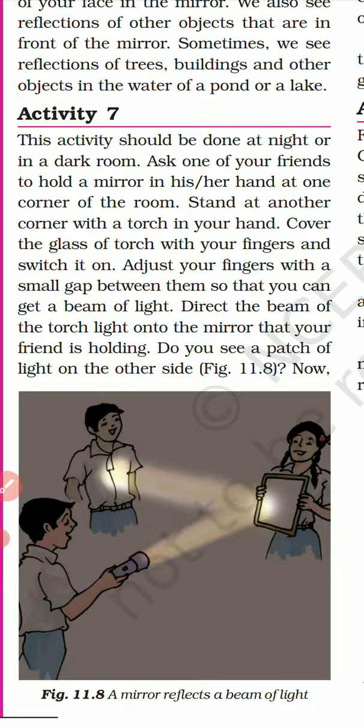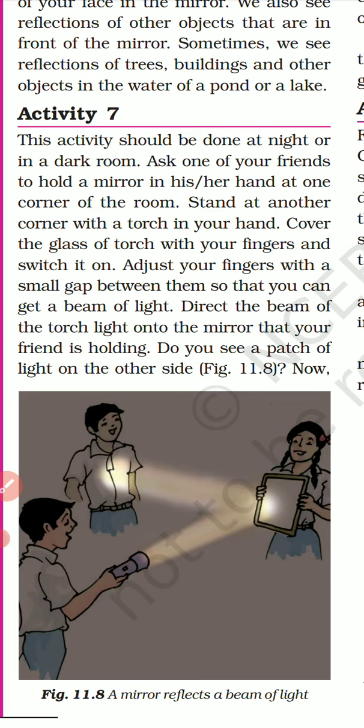Adjust your finger with a small gap so that you can get a beam of light. We just want a small thin beam of light. Okay, now direct the beam of the torch light onto the mirror that your friend is holding.